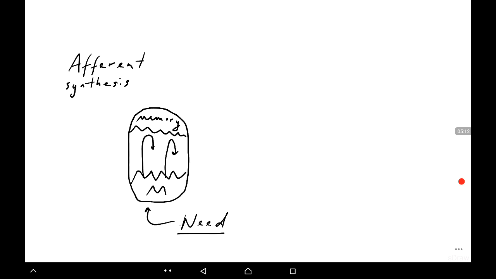So motivation activates the memory, and also we may draw here the afferentation, starting afferentation.